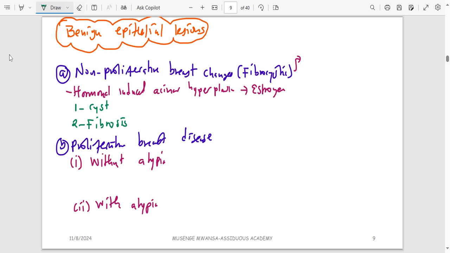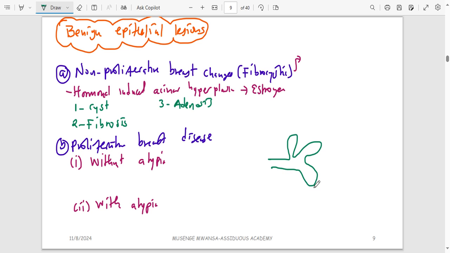So besides cyst and fibrosis, you can also have what we call adenosis. Adenosis is just an increase in the number of these acini. Remember the acini? Let's say this is the normal.